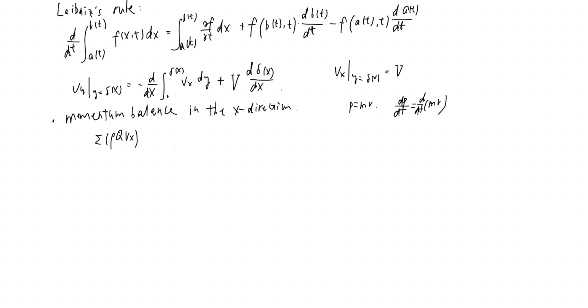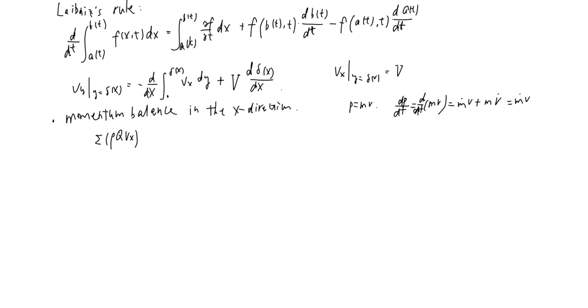You use the product rule: m dot V plus m V dot. And since it's a steady state, V dot is 0. We just wrote that Vx and Vy are functions of x and y. They are not functions of time. So V dot is 0, and we get m dot V. So that's why the rate of change of momentum would be m dot multiplied by V. Here, rho multiplied by Q, as we just figured out, is the mass flow rate. So this gives you the total rate of change of momentum.